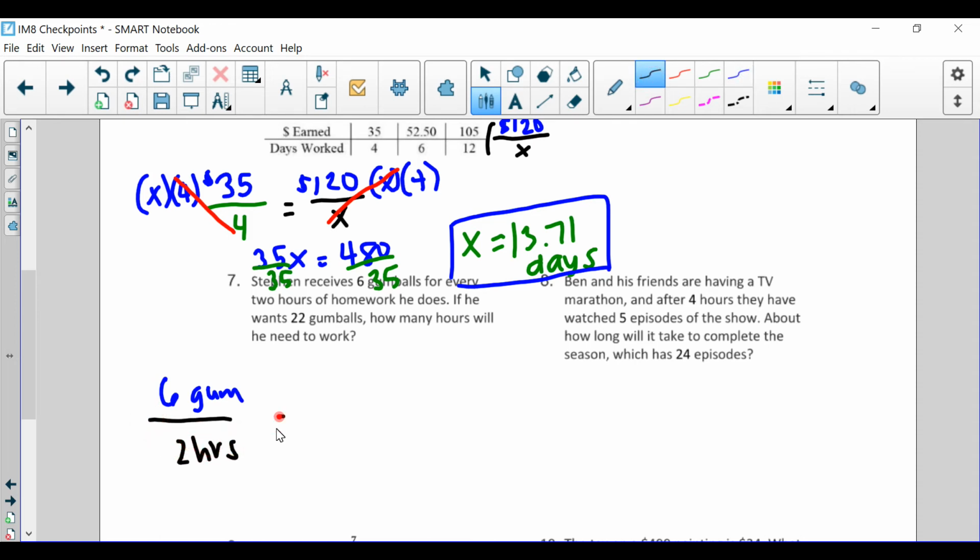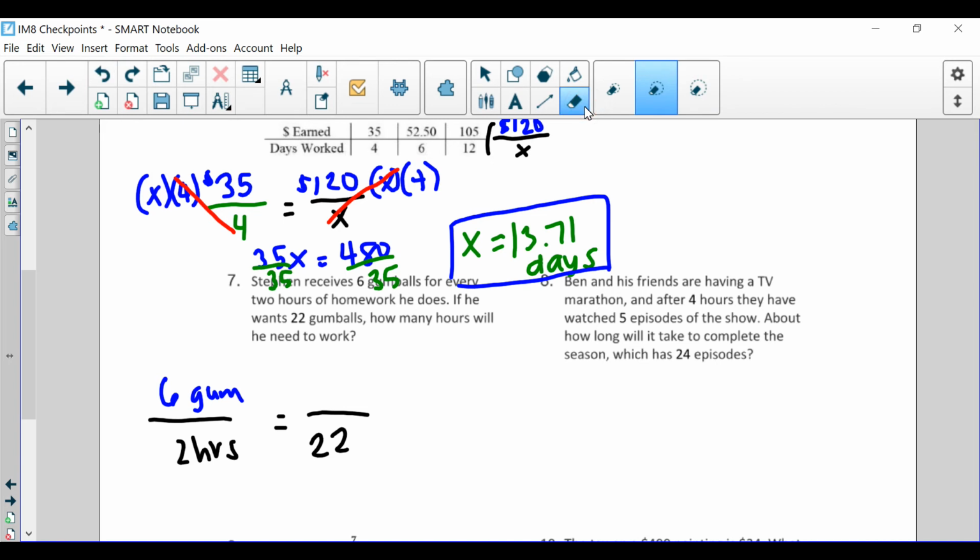And you want to know how much will he need to do 22, no, not 22 hours, 22 gumballs. Okay, so we got to do gumballs here. So we're going to go 22 gumballs.